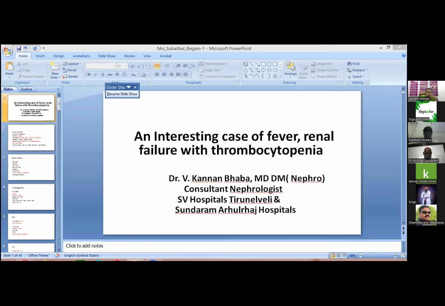Some of the very rare manifestations: commonly all the patients present with anemia. Sometimes, particularly with monoclonal immunoglobulin deposition disease, the patient may present with hypertension, or with hypotension or orthostatic fall in blood pressure.